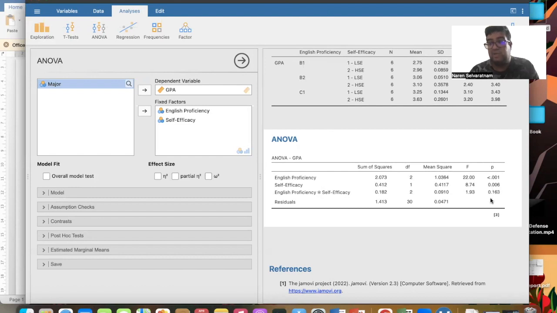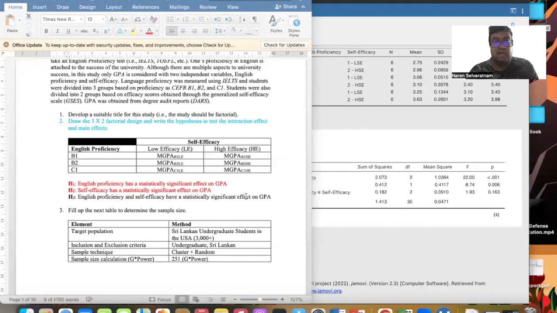This is 0.163. It is not less than 0.05. So this is not accepted. I have failed to support my third hypothesis, so I don't have data to display an interaction effect.